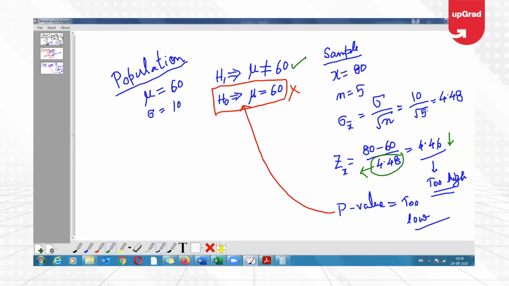If I decrease this, then standard deviation will go high. That's one way. Another way is if I increase this standard deviation, then also sigma x bar will be higher. So for example, let's say make it 20.